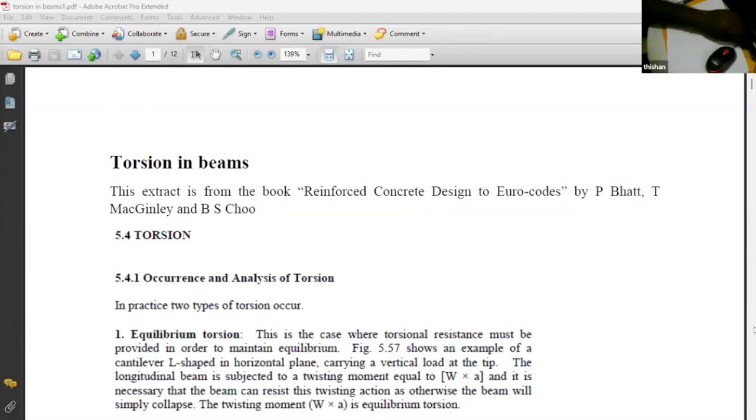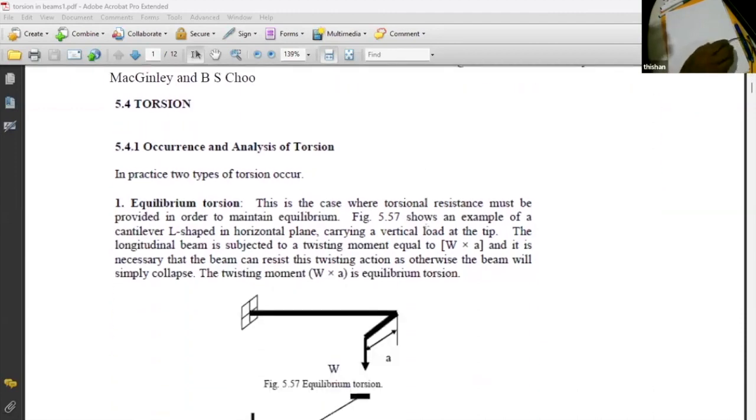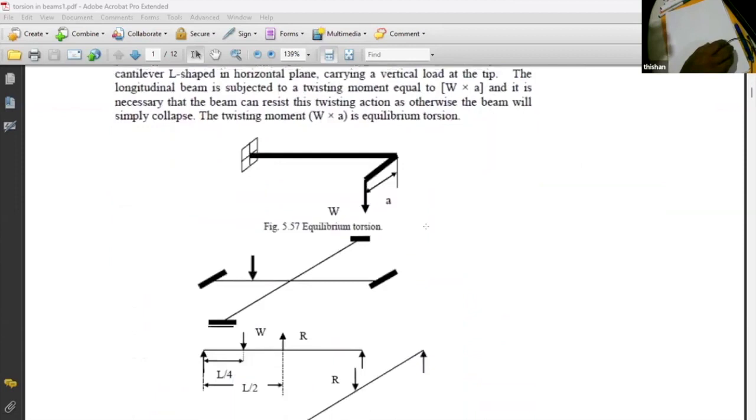But today we are going to find the reinforcement requirement. I told you that torsion consists of two parts: equilibrium torsion and compatibility torsion.